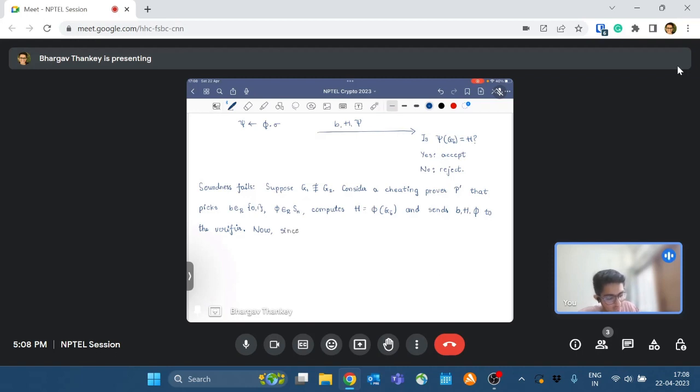So what check does the verifier perform? The verifier checks if psi of GB bar equals H.